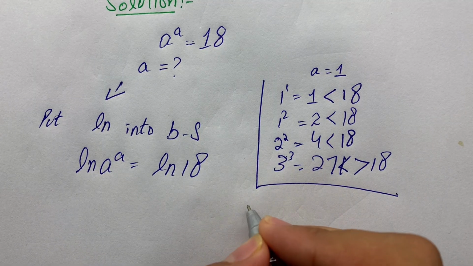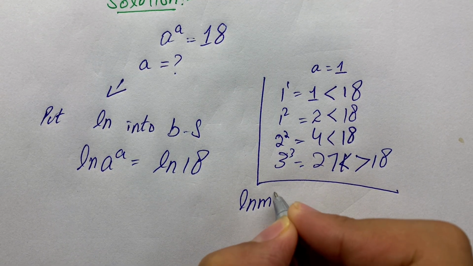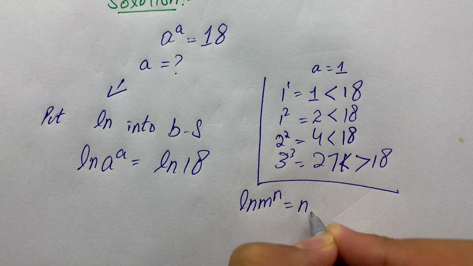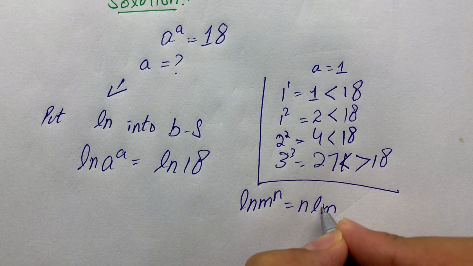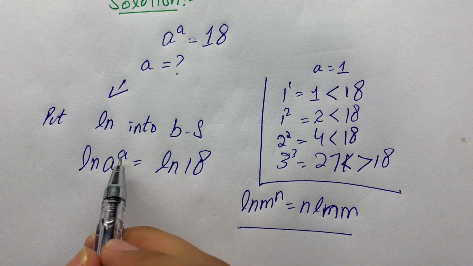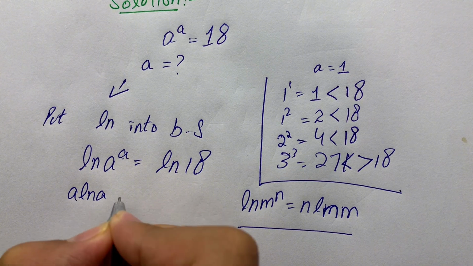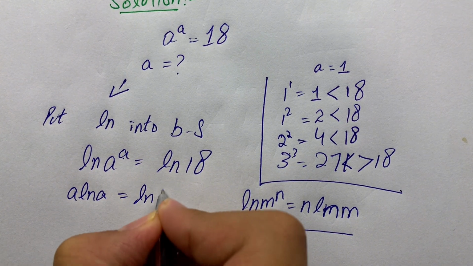Now students, we use this formula: ln of m to the power n is equal to n ln m. So we are using this formula. The same move here on this side, so a ln a is equal to ln 18.